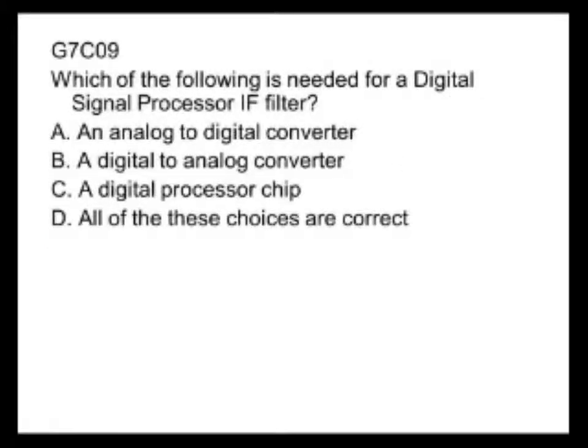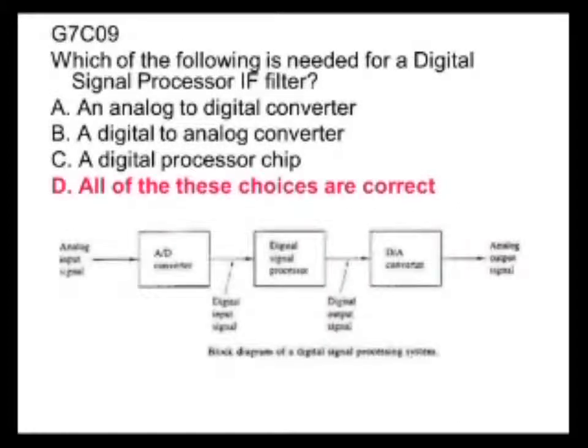Which of the following is needed for a digital signal processor IF filter? Let's look at how it works. We have an analog signal coming probably out of our mixer, or maybe out of an intermediate frequency amplifier stage.